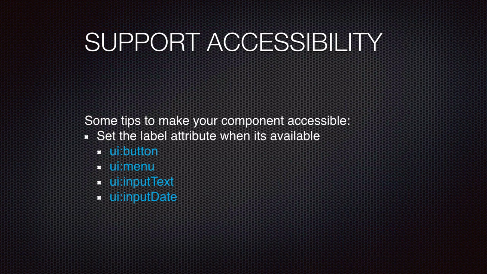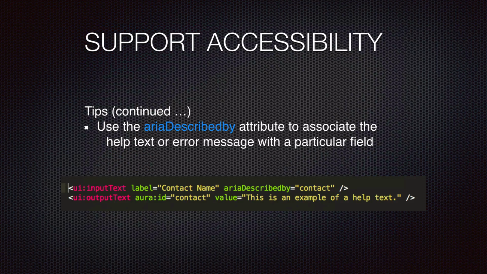Tip number 1, set the label attribute when it's available. For example, the label attribute is available for button, menu, input text, input date. So set the label attribute. Use the aria-describedby attribute to associate a help text or error message with a particular field.